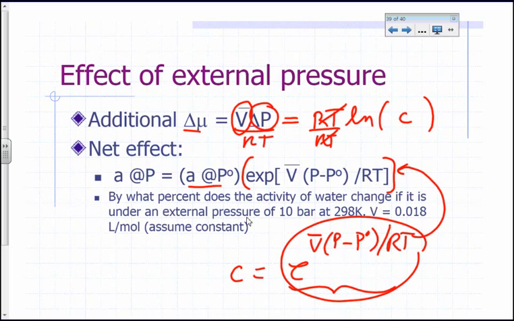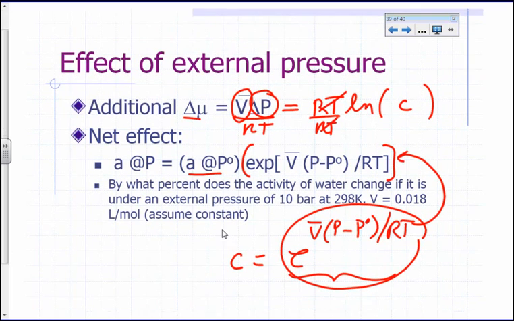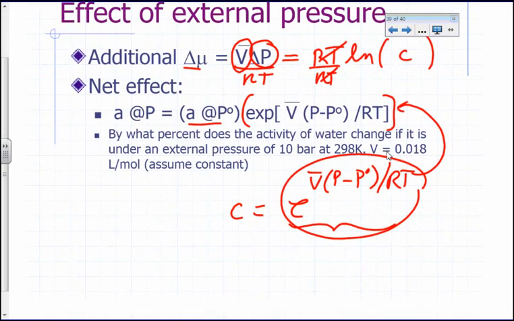Right, so by what percent does the activity of water change if it's at an external pressure of 10 bar instead of 1 bar at 298 Kelvin? Just assume that the partial molar volume of water is 0.018 liters per mole, 18 mL per mole. Then you say e to the 0.018 liters per mole.